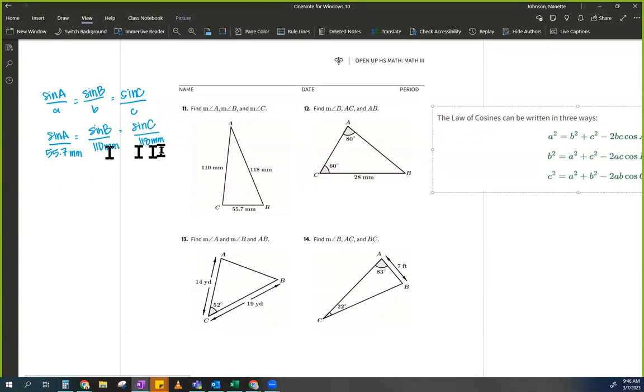Does everybody see why law of sines took me to a place that's a dead end? Why is this a dead end?